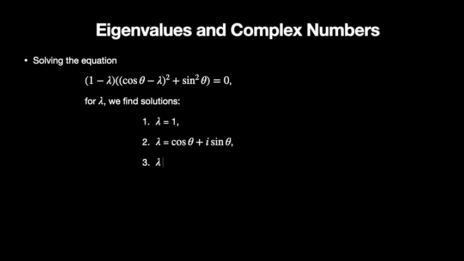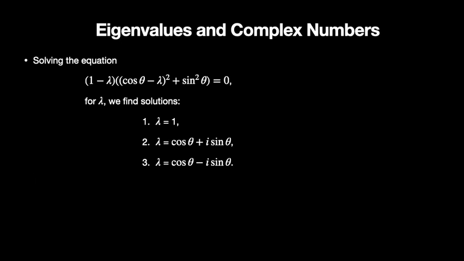If I solve for the other two roots, it turns out that those roots are complex numbers. The first complex root is cosine theta plus i sine theta, which, if you know Euler's identity, is equal to e to the power of i theta. And the second complex root is cosine theta minus i sine theta, which is the conjugate of the first complex root.